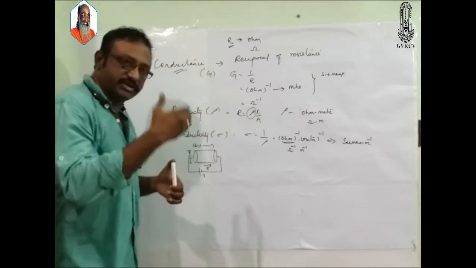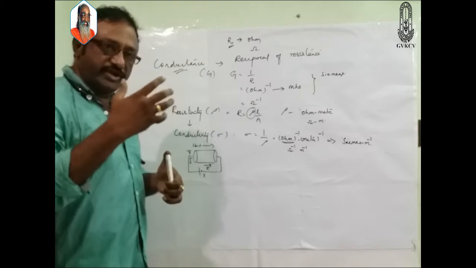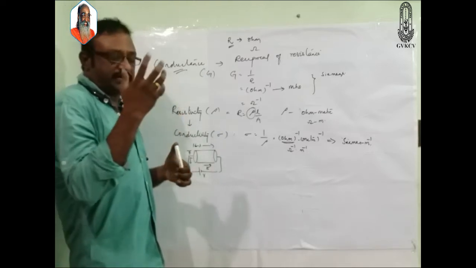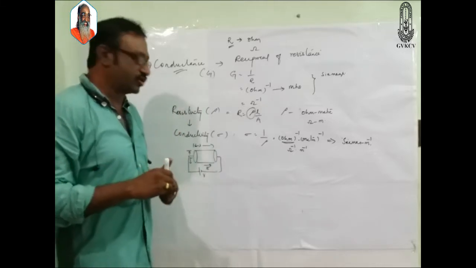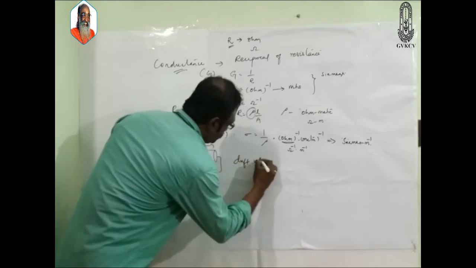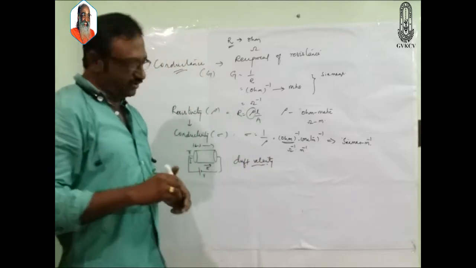This process continues, and a stage comes where the acceleration becomes zero. At that stage, the average velocity of the free electron is said to be the drift velocity.